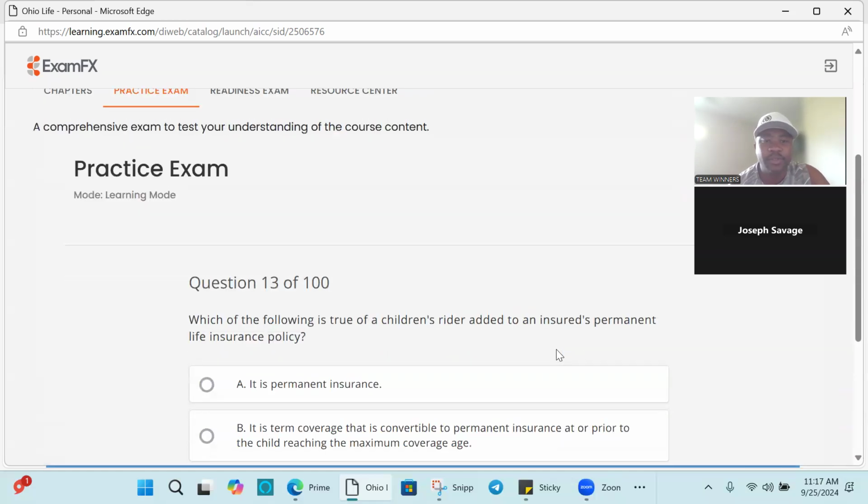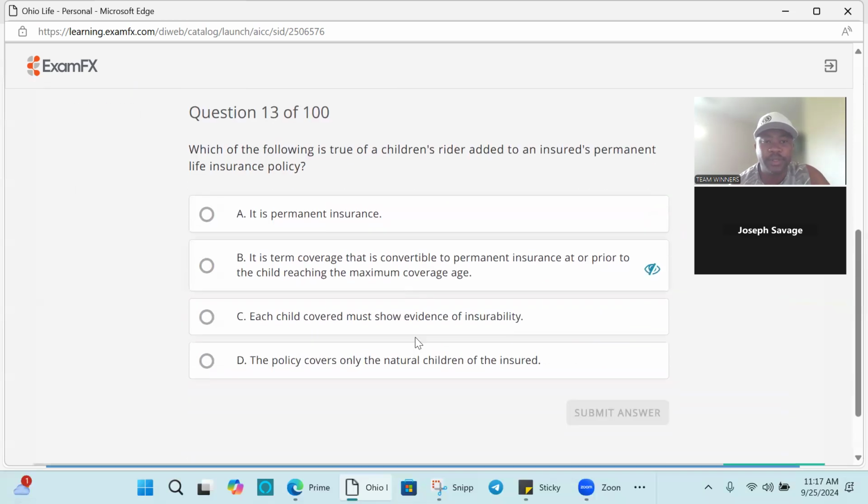Which of the following is true of a children's rider added to an insured's permanent life insurance policy? It is permanent insurance. No. It is term coverage that is convertible to permanent insurance.